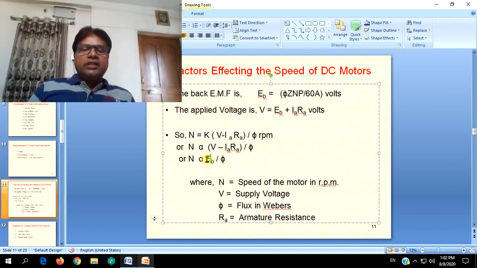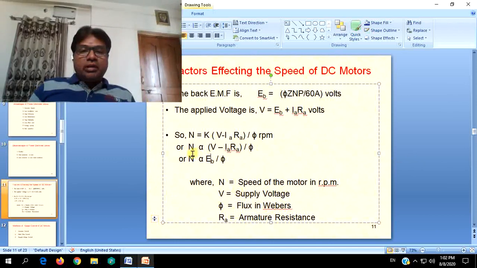If the back EMF is increased, speed will increase, and if the flux is increased, speed will decrease. But normally what we can achieve is that flux can only be decreased from the rated value, so speed can be increased. We will be seeing that in just a moment.